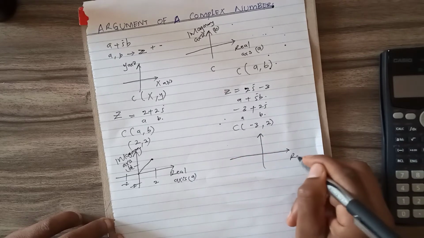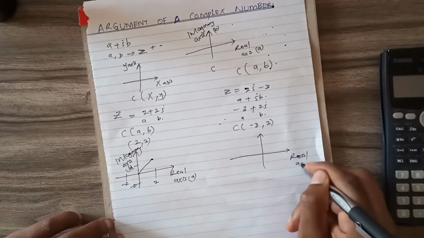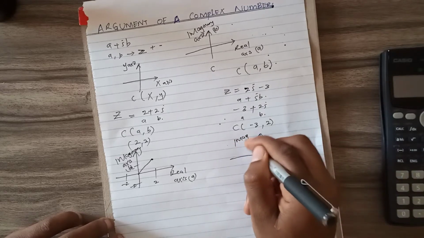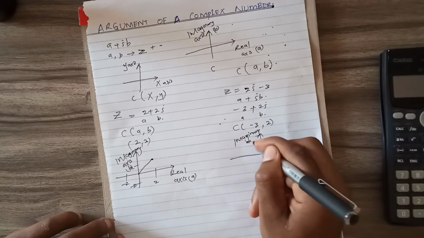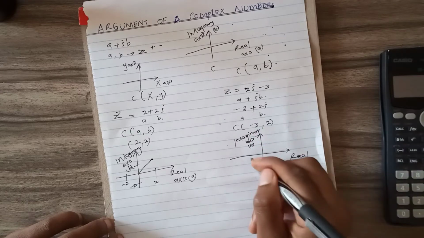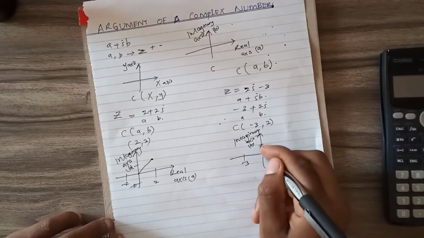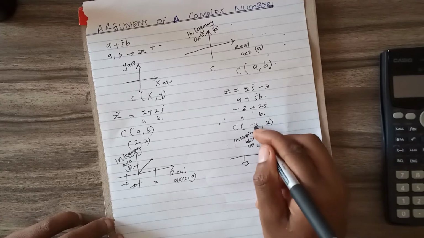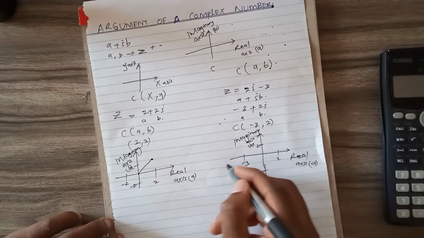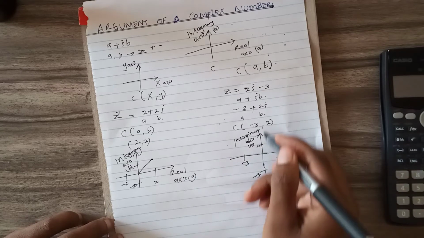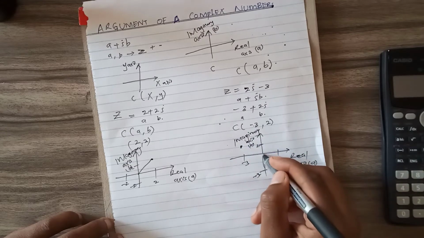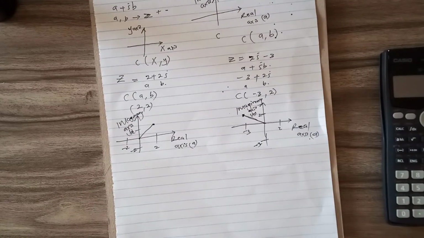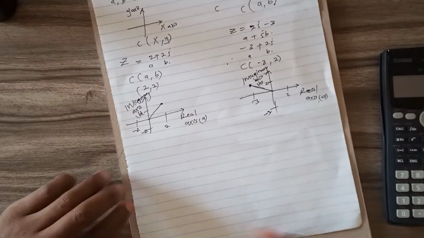We have our real axis, which is a, and the imaginary axis, which is b. So we have negative 3 on our real axis, and 2, so it is somewhere here. Yeah, like that.